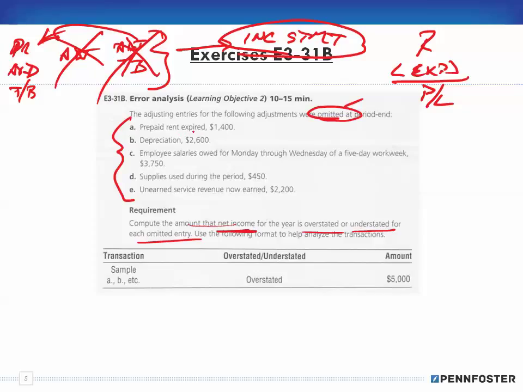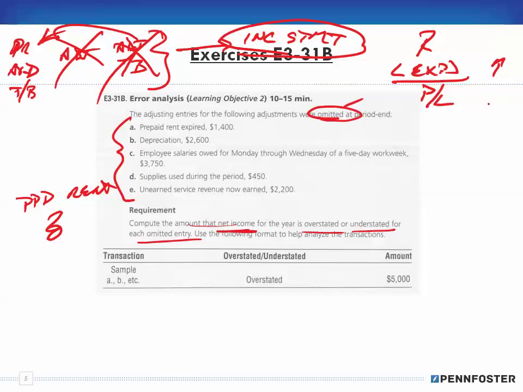Okay, all right. So if my prepaid rent amount had expired, right? So I have this amount of money, and it's expired. That means I should have made an entry to reduce the prepaid rent, and that would increase my rent expense account. Or in other words, my expense account would have increased.